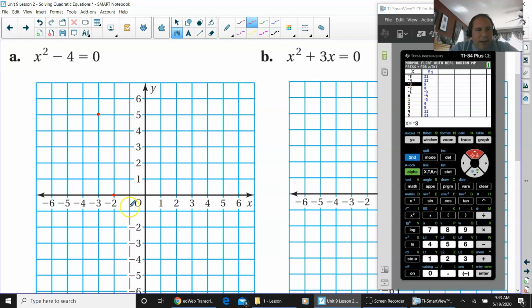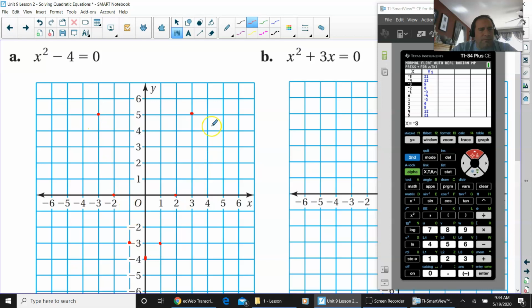And -1, -3, you'd put a point right there. And 0, -4, right there. 1, -3, put a point there. And 2, 0. And the last one is 3, 5 that you could fit.